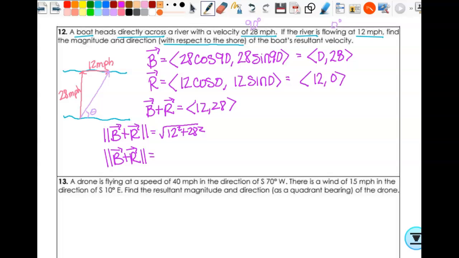What is that then? 4 square root of 58? Oh, and what are the units here? Miles per hour.